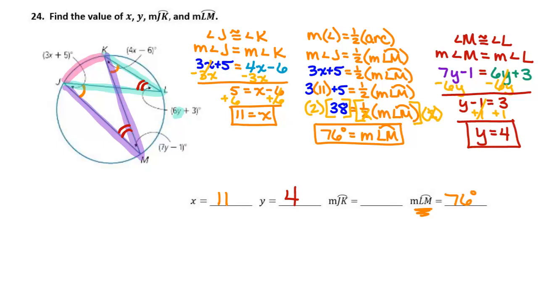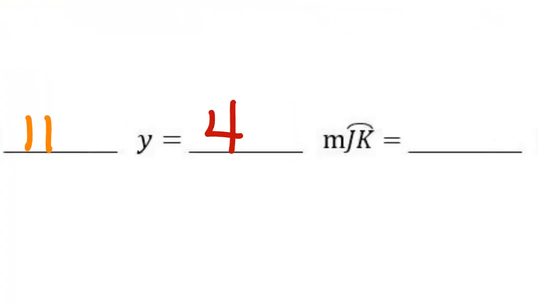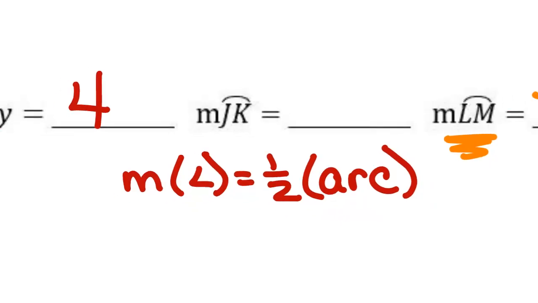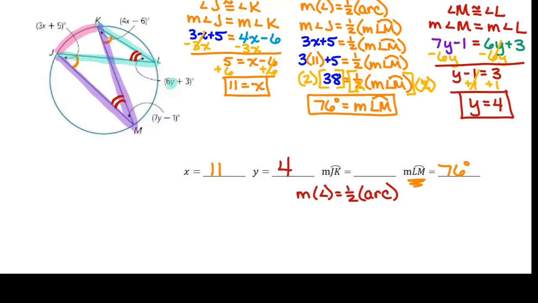And now, just like on the last problem, we're going to find the measurement of arc JK. The measurement of the angle is half the measurement of the arc, because these are inscribed angles. Their vertex, their point, is on the circle. So I can pick either one of these angles.